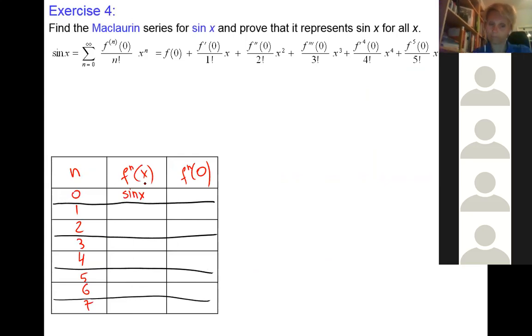Now you have to help me. What is the first derivative of sine of x? Cosine of x. We have to be careful with this. Now, what's the next derivative? Negative sine. Thank you. You have to watch me because now it's important. Again, what's the derivative of negative sine of x? Negative cosine, good.